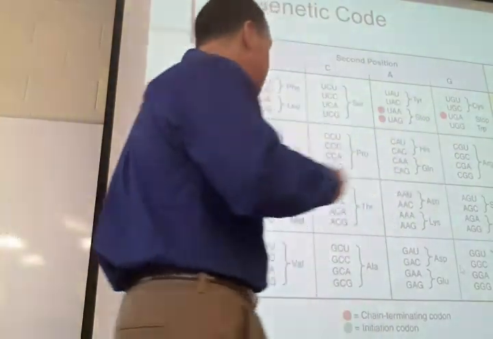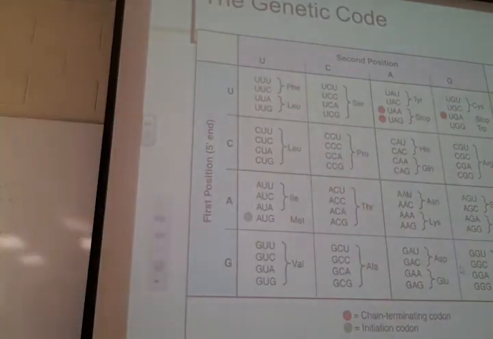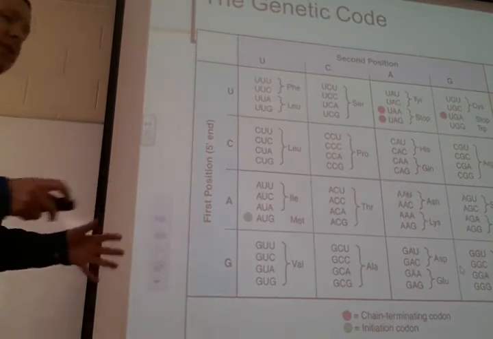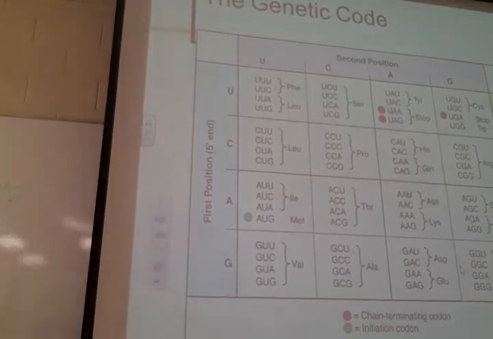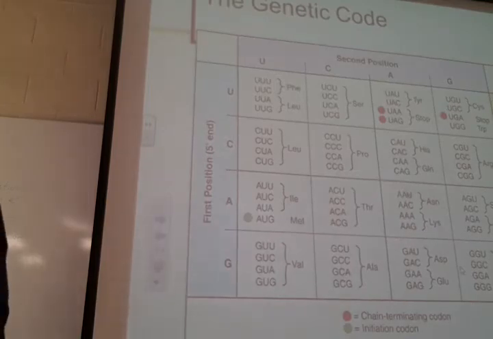If I need you to use it in some way, I will put this picture in the test. Okay? So do not worry about memorizing specific codons with specific amino acids, but do know how to use the table, and I certainly want you to know the 6 major characteristics of the code. That makes sense? Okay.